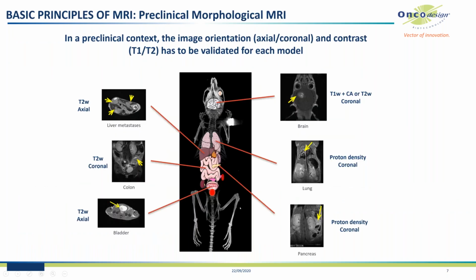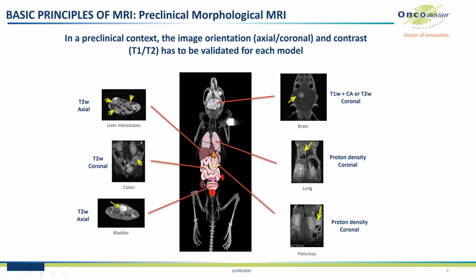In a more preclinical context, in oncology, we don't need to have a complete diagnosis because we know exactly the type of tumors that we try to induce. So our objective in these images is to obtain the best contrast between the tumor and the surrounding tissue.